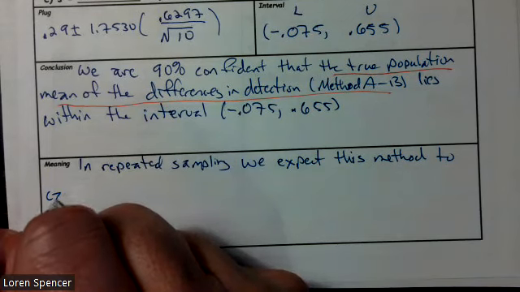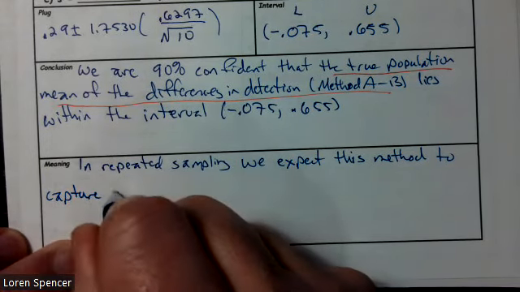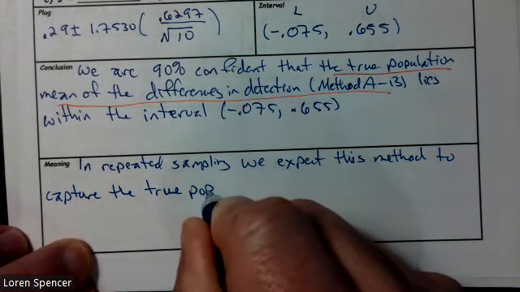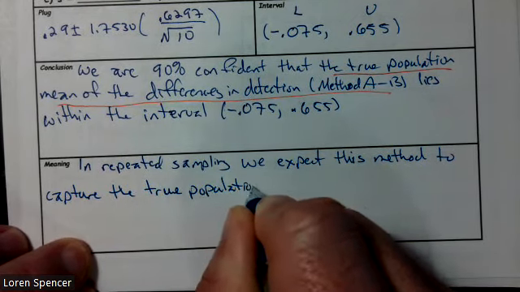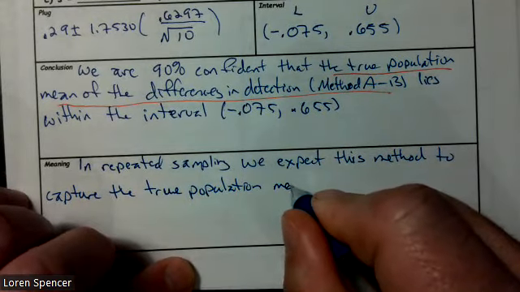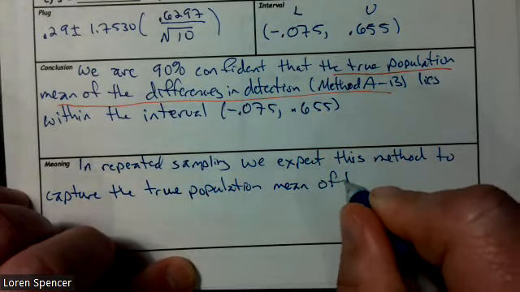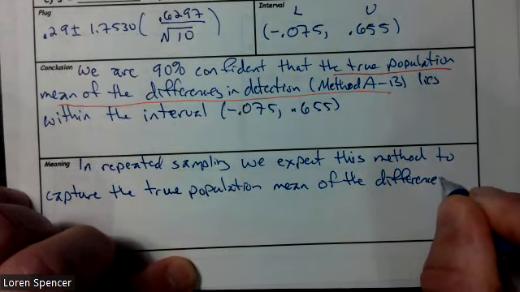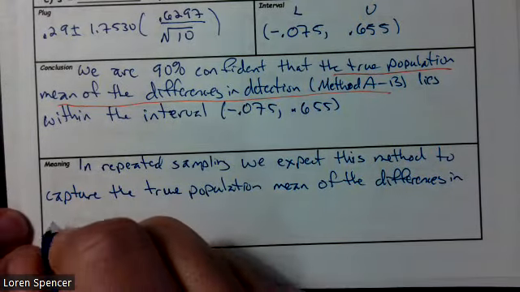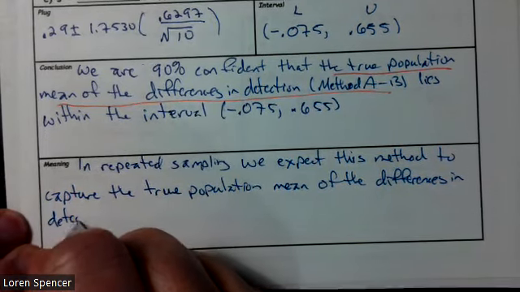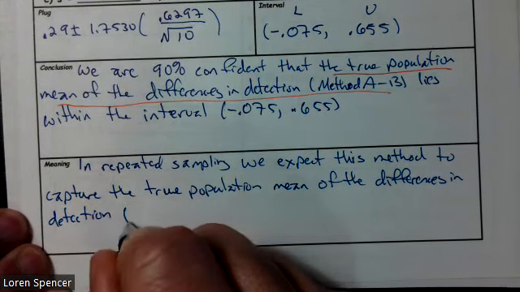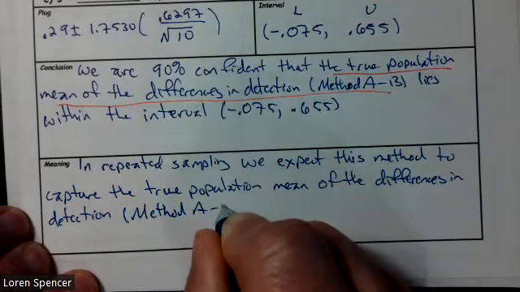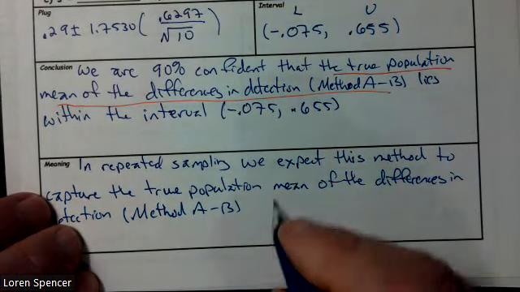Well, we expect it to capture the true population mean of the differences in detection, method A minus B.